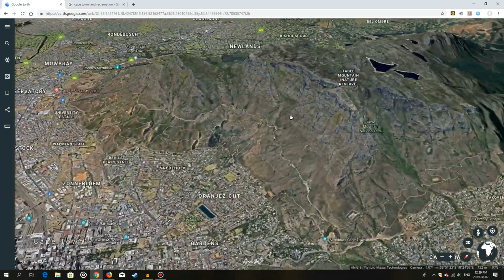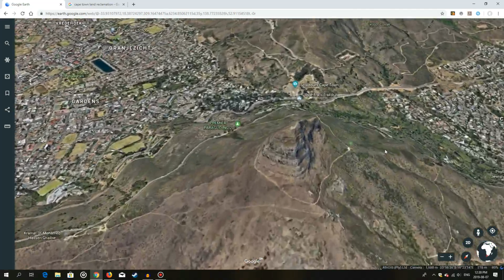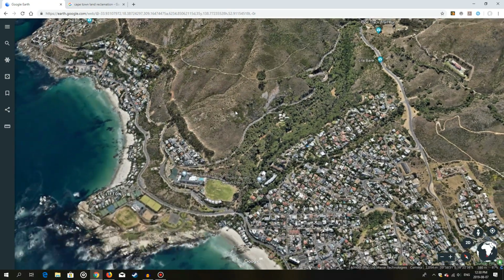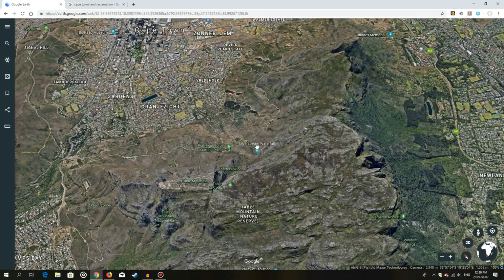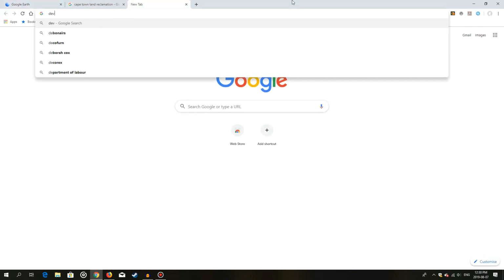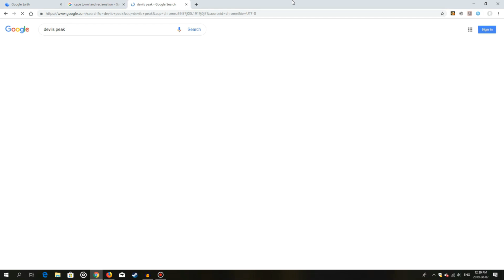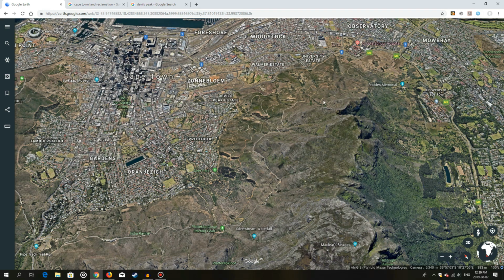But anyway, very interesting thing also, if we just have a look now, I'm not too sure where Devil's Peak is, and that is a very shameful thing as a South African, especially as a Cape Townian. Let's just have a look. So it's the one to the other side, right there.